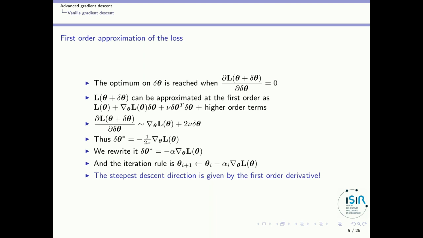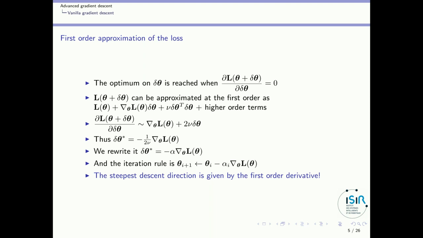Because, as you know, you reach the minimum of a function, or the optimum of a function, where its derivative is null. But this loss of theta plus delta theta can be approximated at the first order using the Taylor method as L of theta plus the gradient of L of theta over theta times delta theta plus a constant times a kind of delta theta squared, and then higher order terms that we will ignore here.